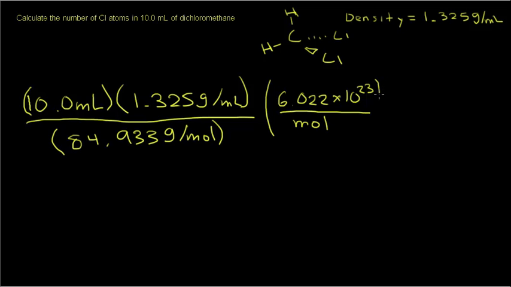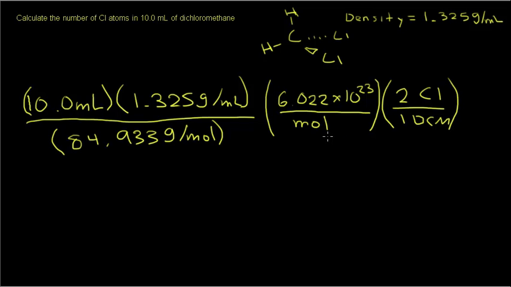So that gives us the number of molecules of DCM that we have. So the next thing that we need to do is to look at how many atoms of chlorine we have in our dichloromethane molecule. So we can say 2 chlorines per 1 DCM.